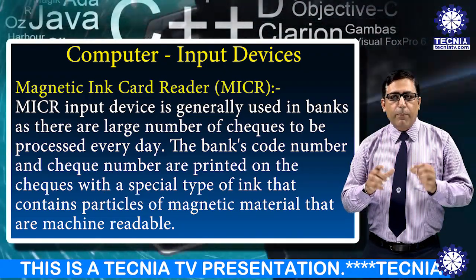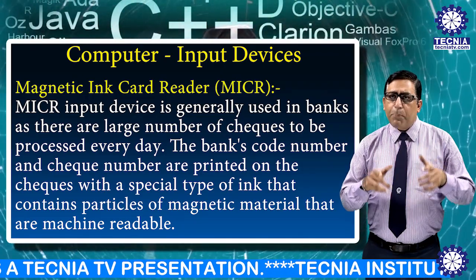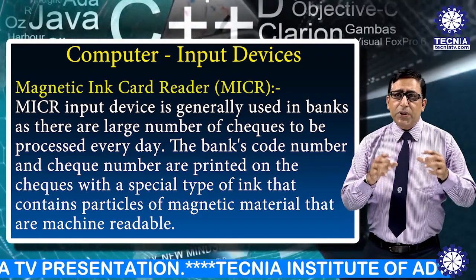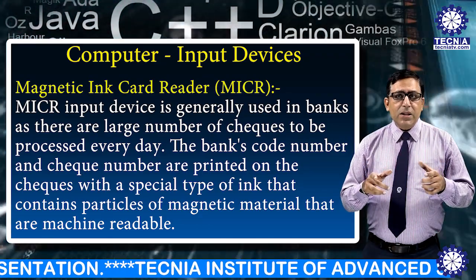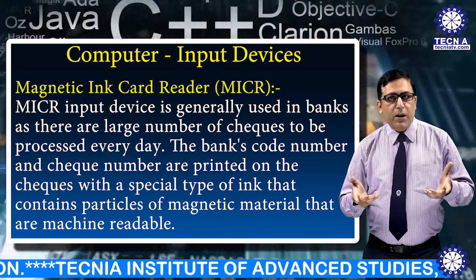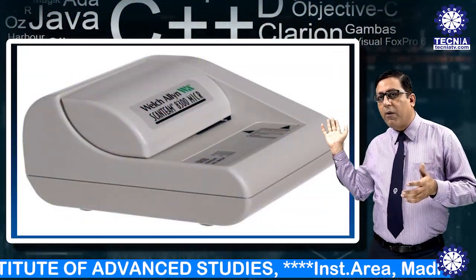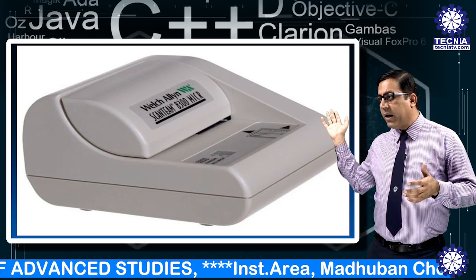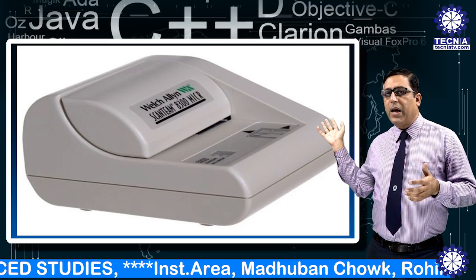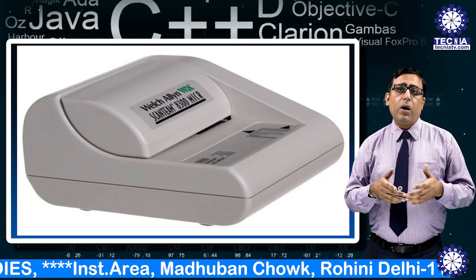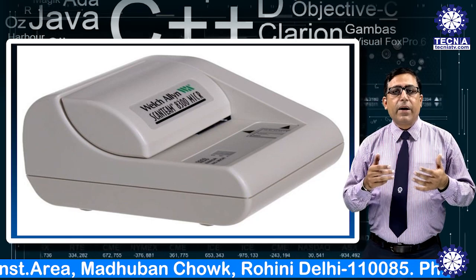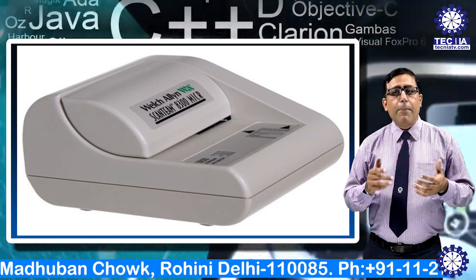The bank's code number and check number are printed on the checks with a special type of ink that contains particles of magnetic material that are machine readable. Now you can see the diagram of this MICR, magnetic ink character reader, how it recognizes. This reading process is called magnetic ink character recognition, MICR.